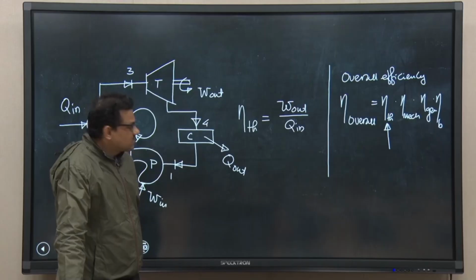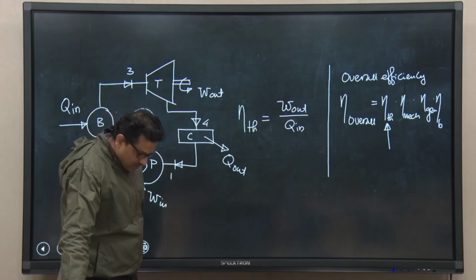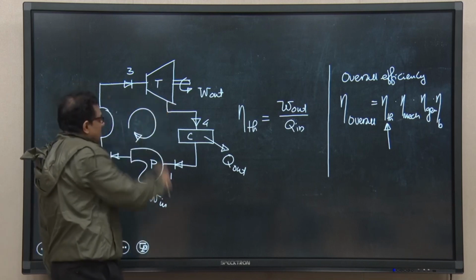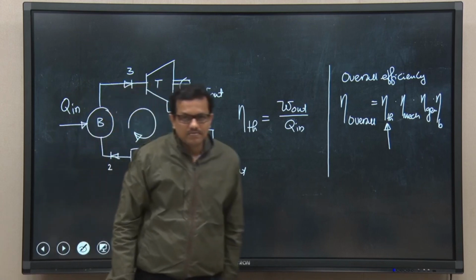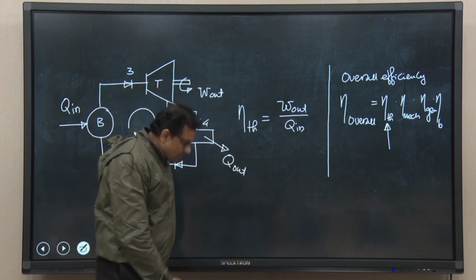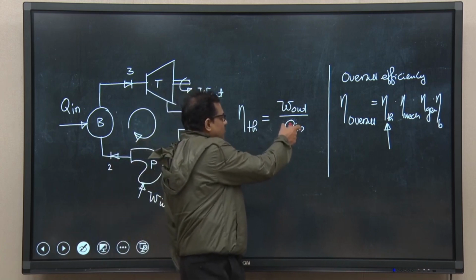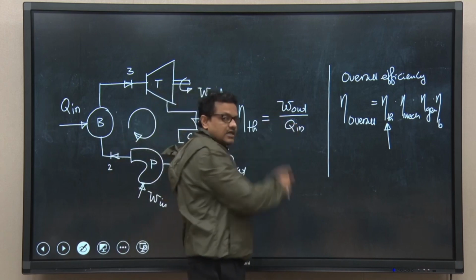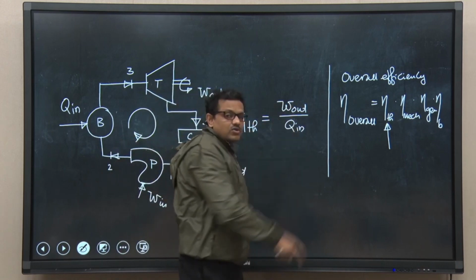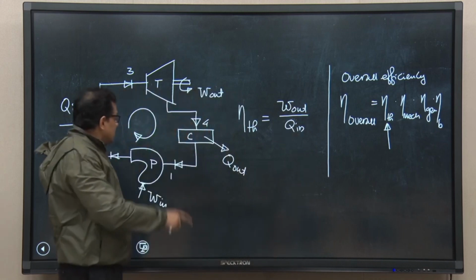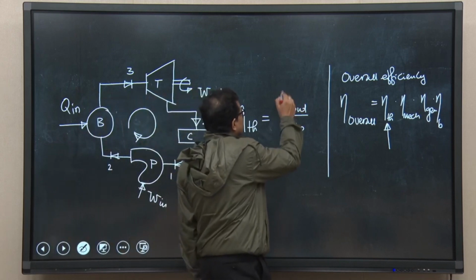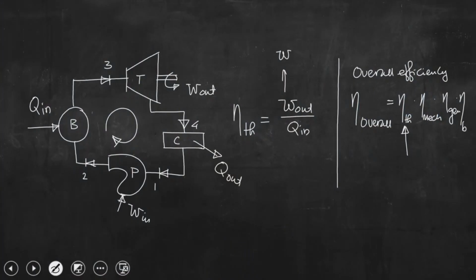This is the efficiency which comes into the picture accounting for the efficiency of the turbine or pump, because if you try to look at, this is the amount of energy that we are going to add in the cycle, and out of this input energy we are also getting some amount of energy in the form of work, and though this is W out, ideally it should be W net out.